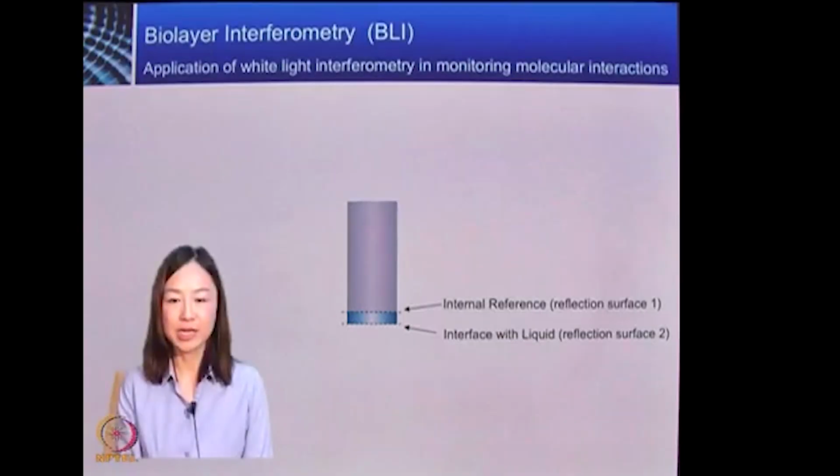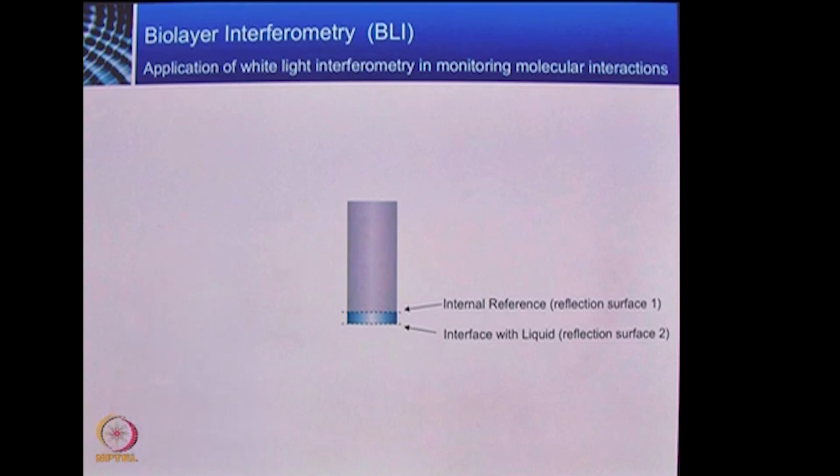So what happens when we are doing experiments with BioLayer Interferometry? If we take a close look at the biosensor, we can observe two reflection layers. The internal reflection layer is engineered into the biosensor during the manufacturing process, and the second layer is an interface between the tip of the biosensor and the liquid.